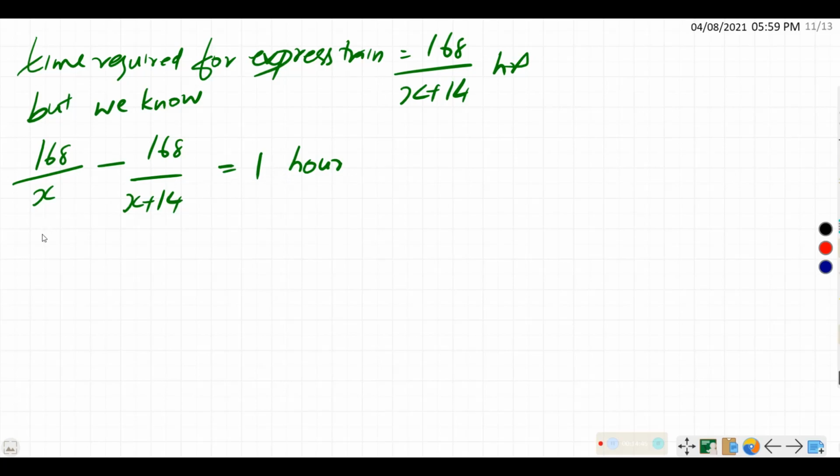Now we know that only x is the unknown quantity. We will try to create an equation using this x. We will take the LCM of the denominator, x into x plus 14, and the numerator will be 168x plus, we will not be multiplying 168 with 14 now. Better simply write it as 168x plus 168 into 14.